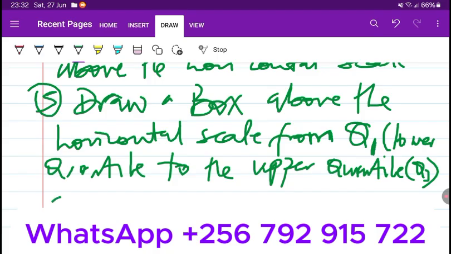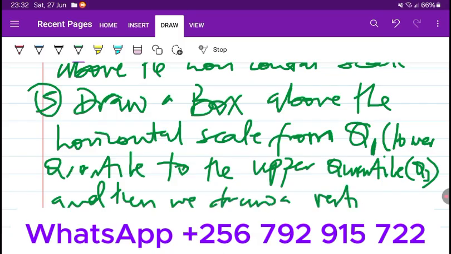And then we draw a vertical line in the box at both points.